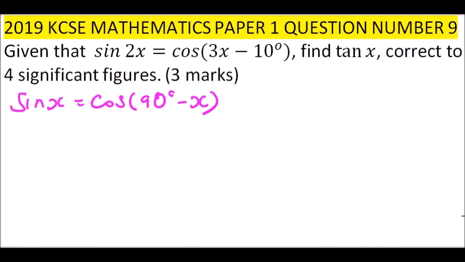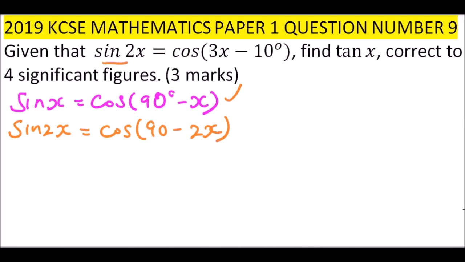Let's start by writing, if this is the case, then sine 2x is equal to cos (90 minus 2x), following this rule. With that, since now we can write our sine in terms of cosine, then we equate.